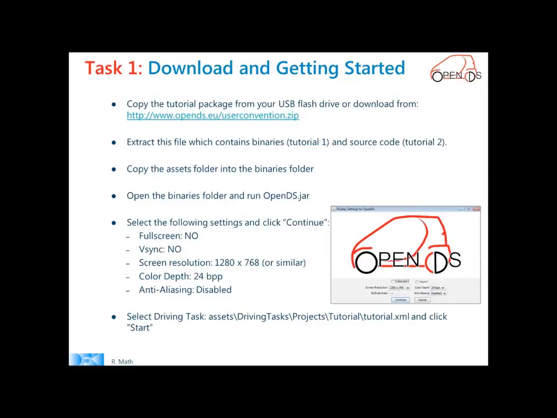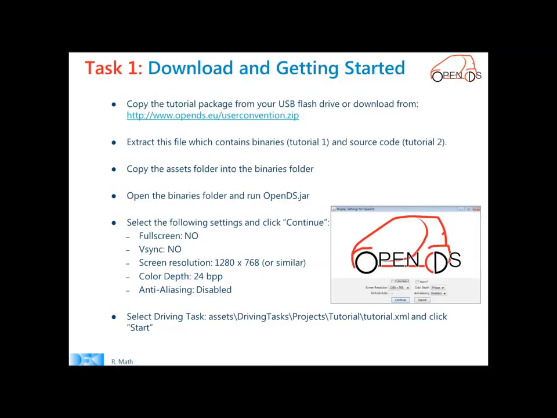Okay, I think some of you have already done the first task to copy all the files to your hard disk. For those at home, you can download them from this given address here. And at home, you would have to extract this file, and then we will go through.